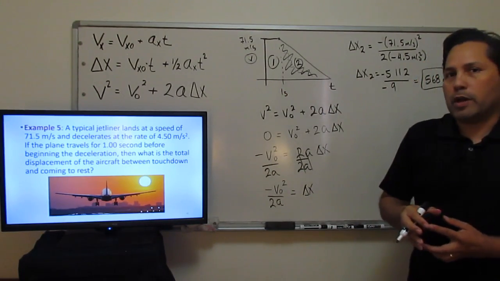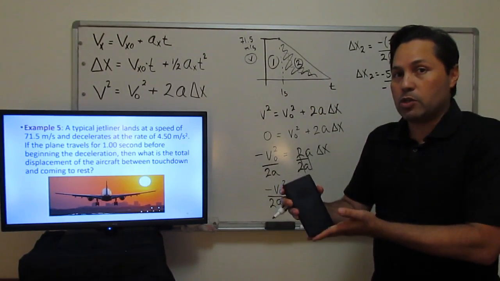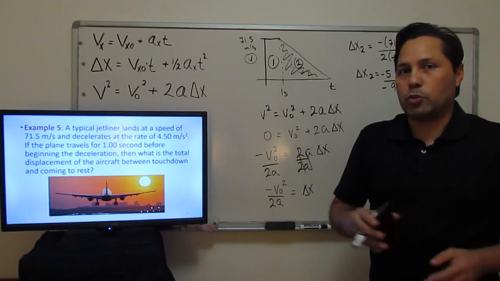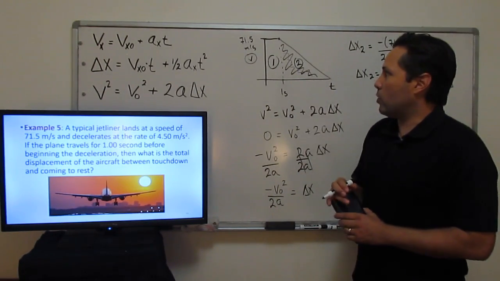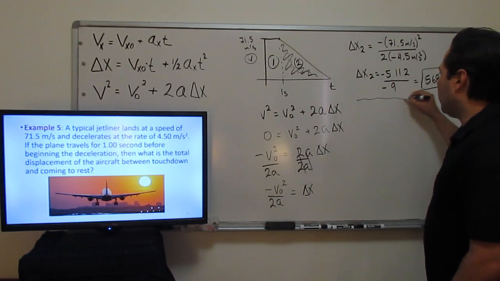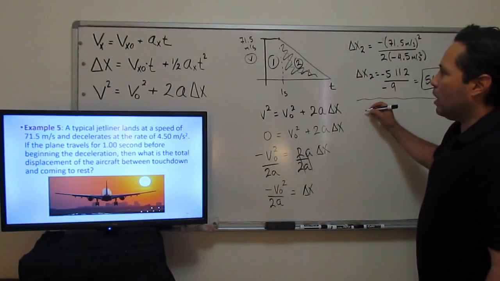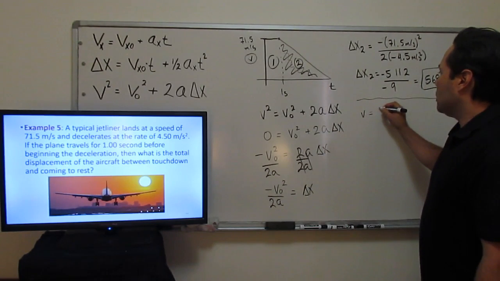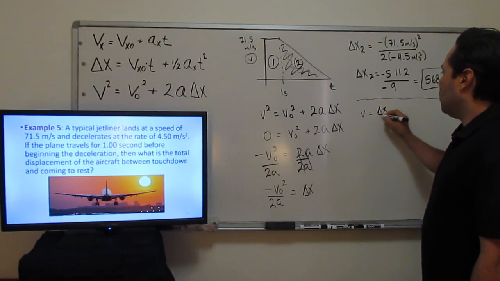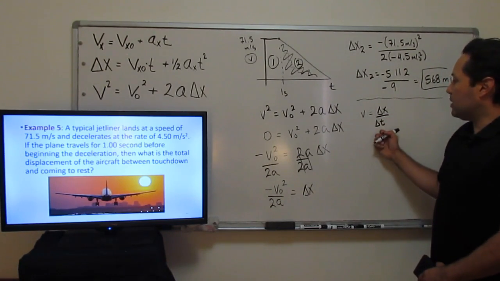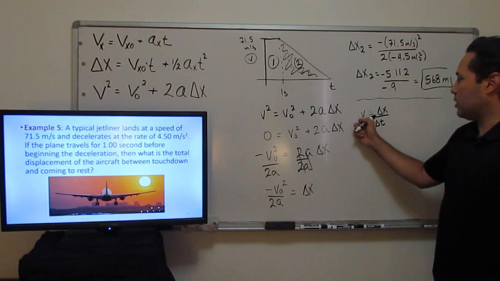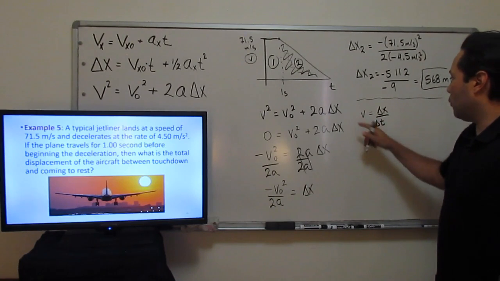Now, in part 1, what about from the time it touched down initially to the time it began to decelerate? How much distance was covered? There's no acceleration there, so we can use a very simple formula. Velocity is equal to displacement over time. We do have the time and we do have the initial velocity, so we're just going to move it over here.